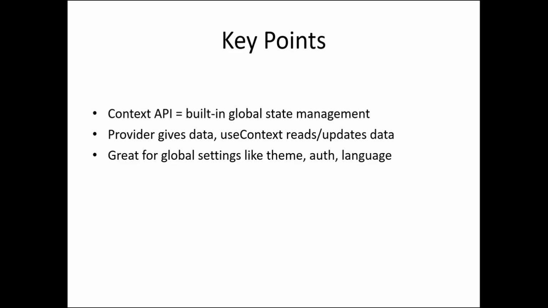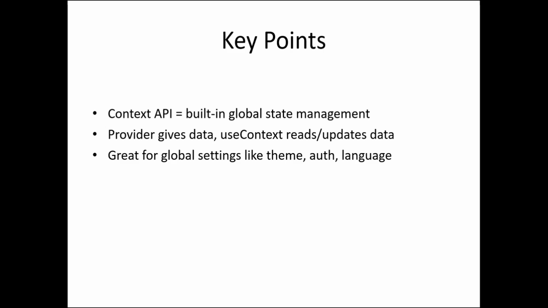Split into multiple contexts if needed, for example theme context, authentication context, etc. And wrap only the components that need access to avoid unnecessary re-renders. And then combine with use reducer for predictable and maintainable global state in complex apps.